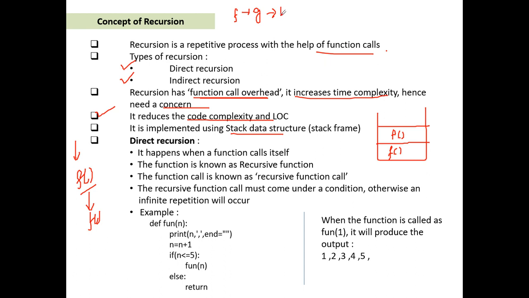Inside that function you are calling another function h. Then the system will store all these function calls in this way: f, g, h. Now remember that the function that was called last must be returned first. That means the last function inserted in the stack will be deleted first.